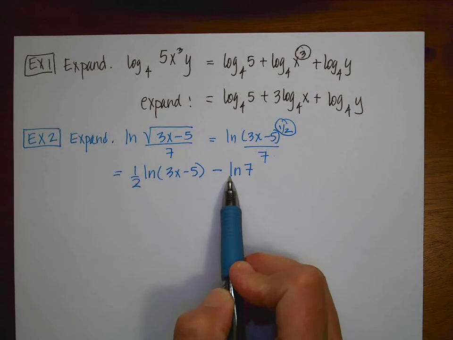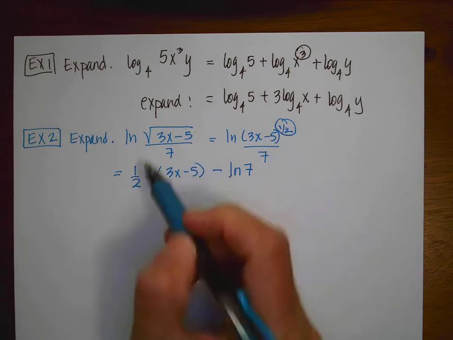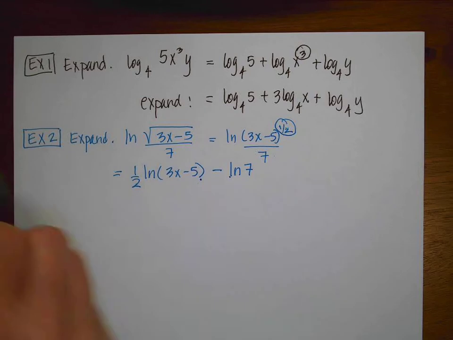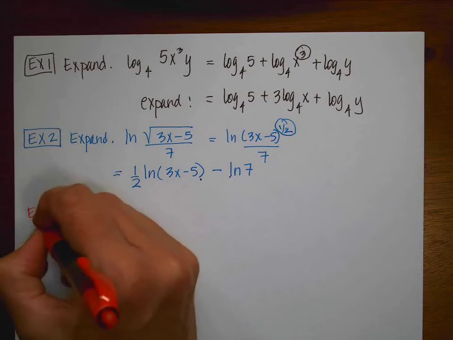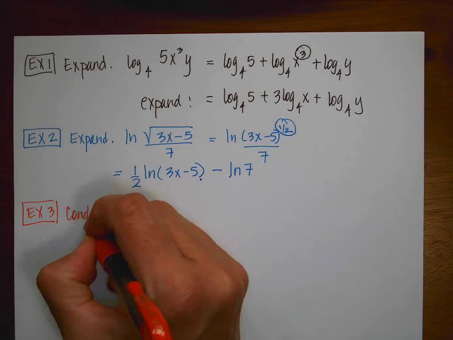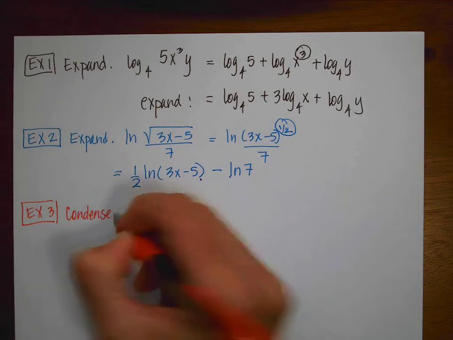And notice that the half doesn't go over here as well because the square root only applied to the 3x minus 5.